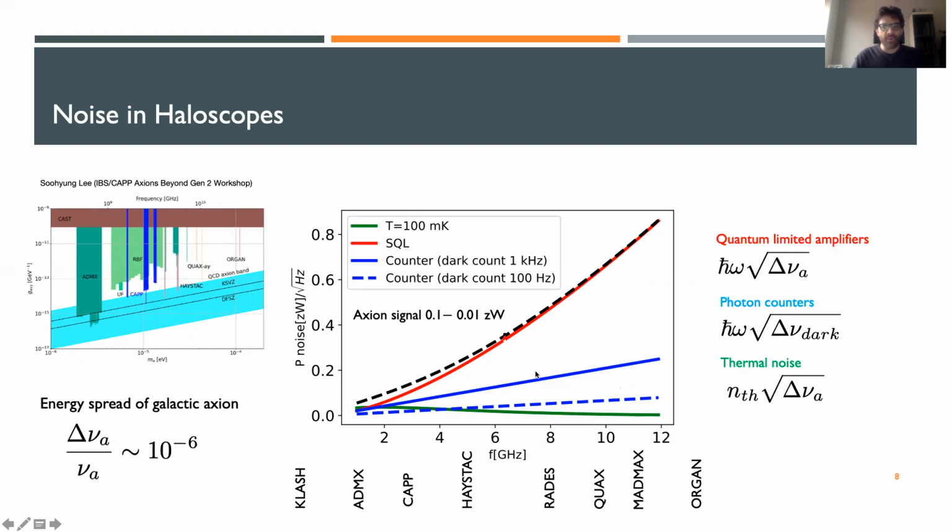And in blue, I'm showing what happens if you have a counter. Now, many experiments, as I will show now, are using amplifiers that have a noise close to the standard quantum limit, so they have essentially this red curve noise. Now, it is important to understand that at higher frequency this noise can be very, very large. So only a counter can help and boost our detection sensitivity.